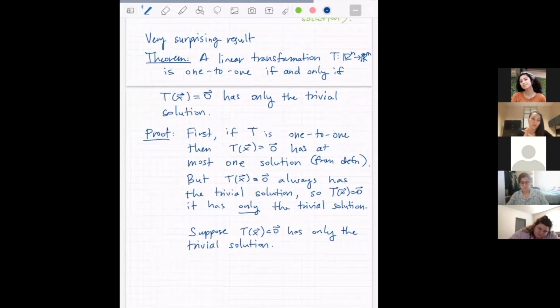Okay, so what we're going to do is suppose that we have T of X1 equals B and T of X2 equals that same vector B. So if X1 and X2 are different vectors, that means this does not satisfy the definition of being one-to-one, right?